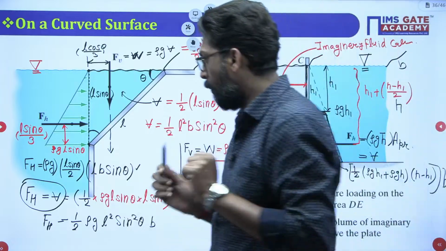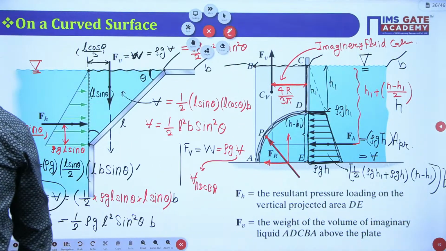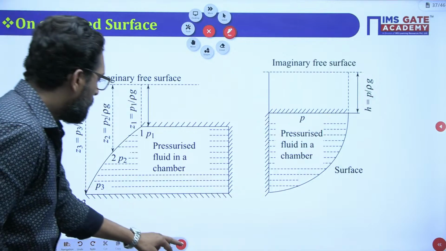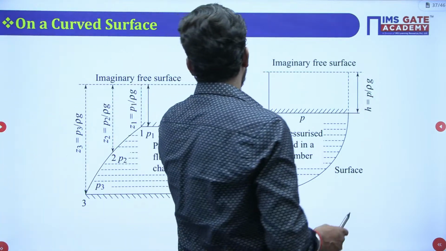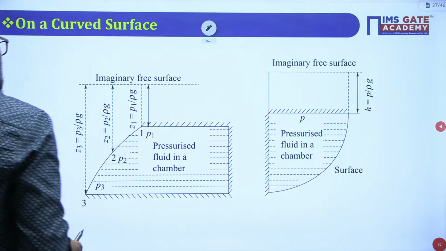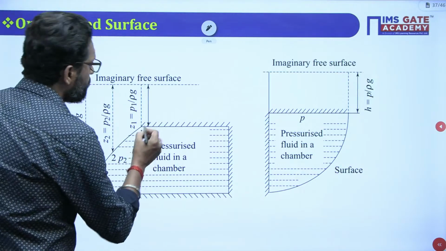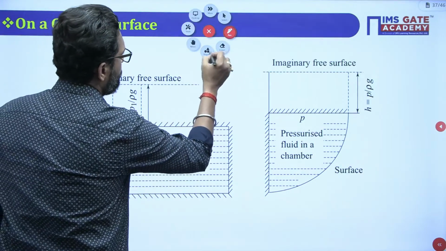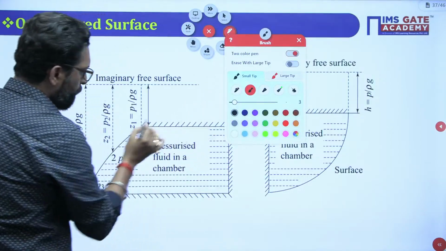If it is clear, then there is another concept, on the curved surface. Let's suppose, my dear, this is your pressurized tank.